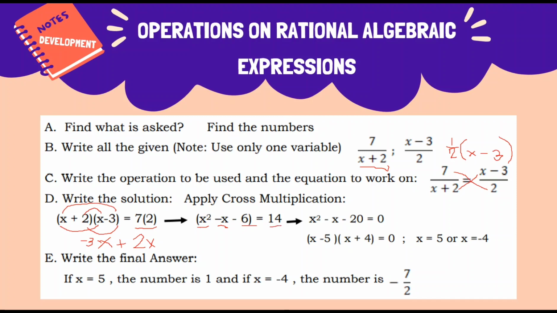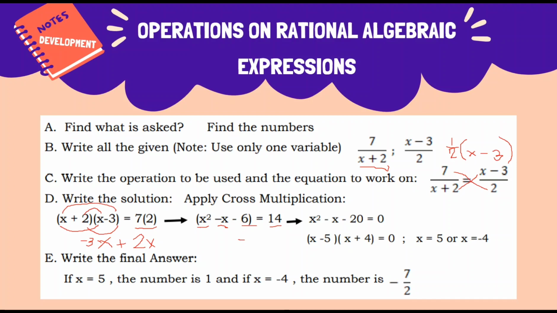Okay, now, since we are asked to find the numbers, meaning to say, we need to find at least or more than one number. So since find the numbers, we have this x squared minus x minus 20. So bakit siya naging 20? So we need to transpose 14 to the other side of the equation. So it becomes negative 14. So negative 6.